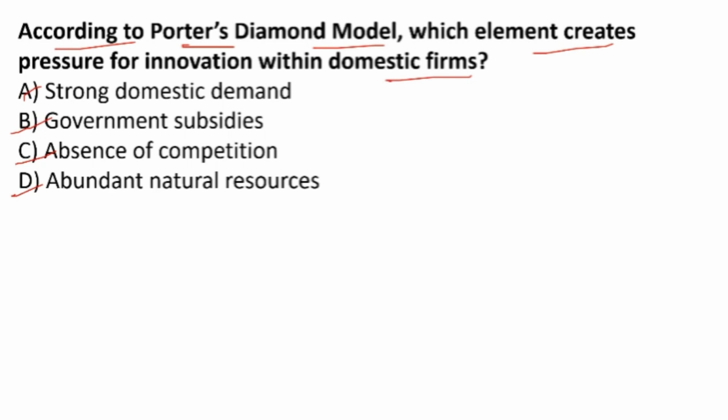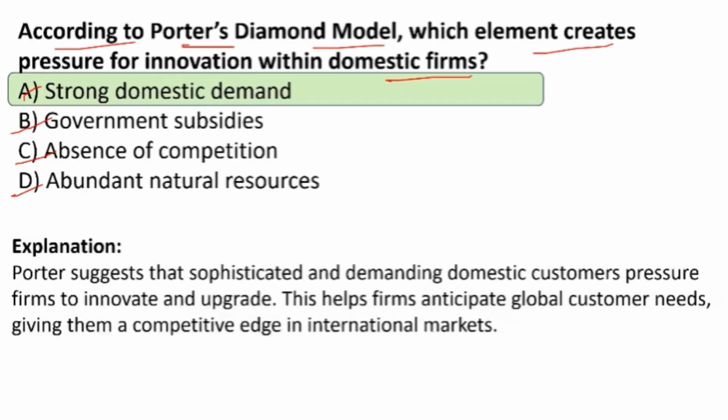All right, so option A, strong domestic demand, right? See, Porter suggests that sophisticated and demanding domestic customers pressure firms to innovate and upgrade, right? So that is the major reason why firms are innovating and upgrading their products. Even in the product life cycle, we have seen that once your product demand increases, after some time it will decrease.